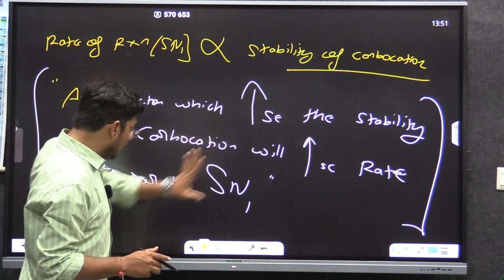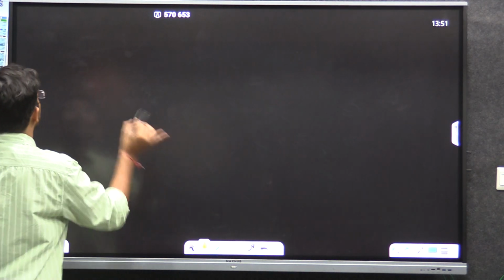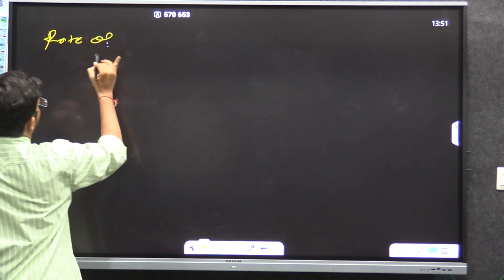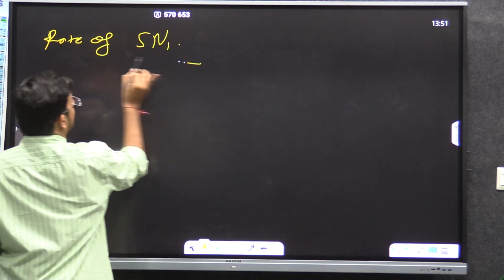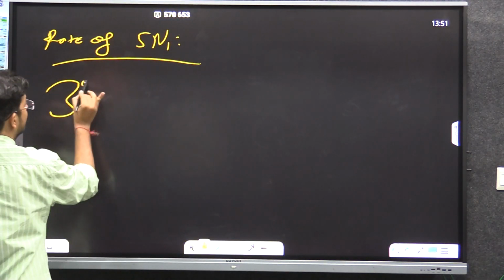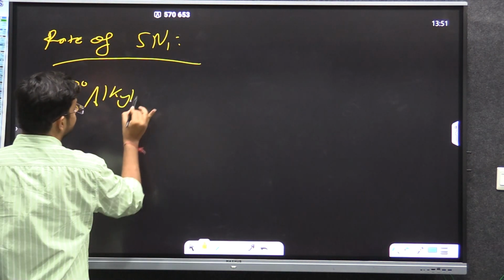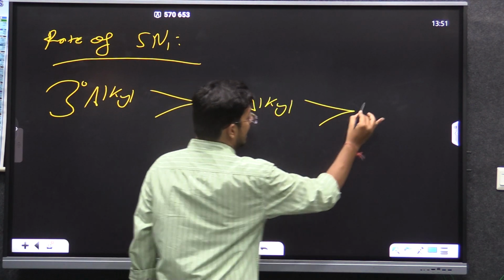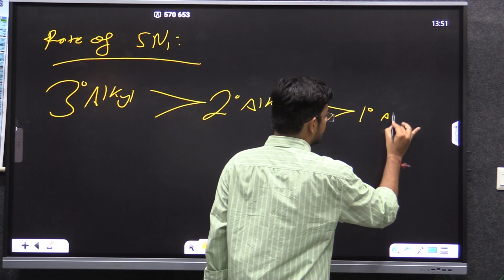If so, then the rate of SN1 in terms of the nature of alkyl halide should be 3-degree alkyl halide, then 2-degree alkyl halide, and the last one is 1-degree alkyl halide.